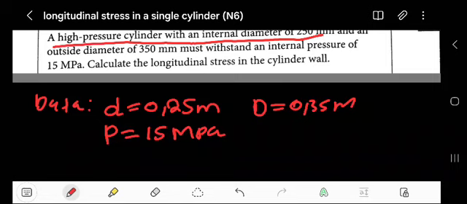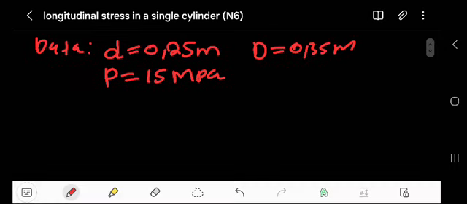Calculate the longitudinal stress in the cylinder wall. Obviously it's acting in the wall. So, our solution.